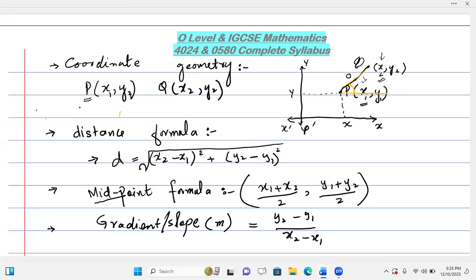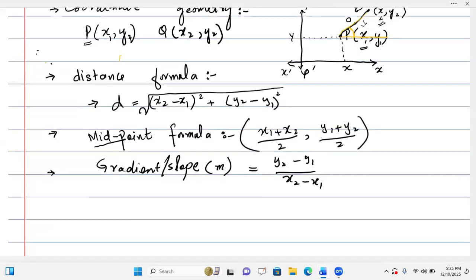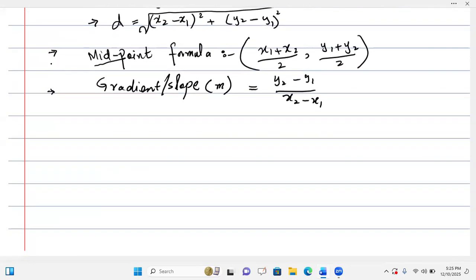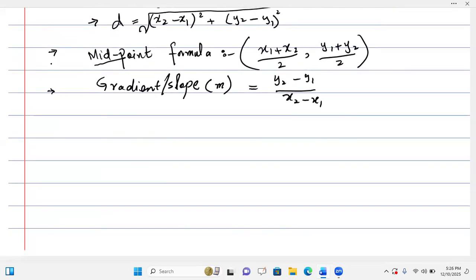If the gradient is given and we want to use it in line equation formation, then there will be two main cases. For example, there are two lines. One line is passing through points A and B, and the other line is passing through the points P and Q. When both of these lines are parallel to each other, then their gradients will be equal.